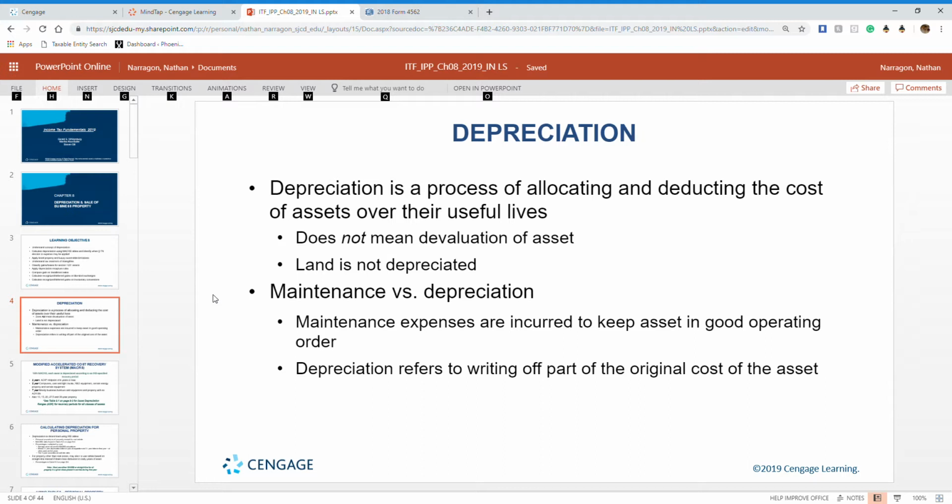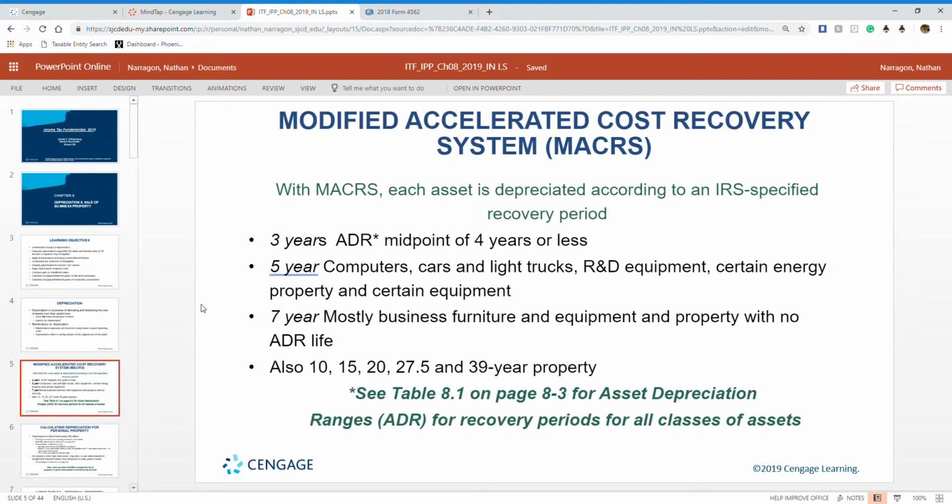Now, if you reference 2301, you learn three methods: straight line, units of operation or units of output, and double declining. That's great for book. Tax likes to do it a different way, and their system is known as the modified accelerated cost recovery system, better known as MACRS.